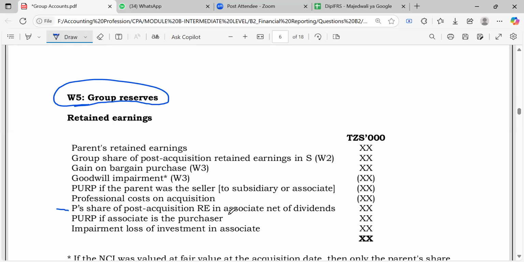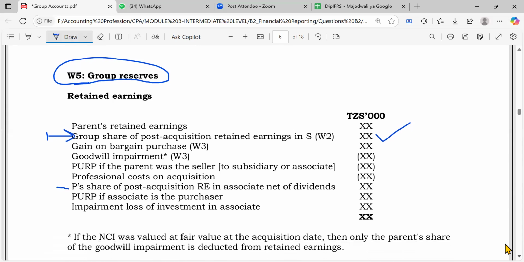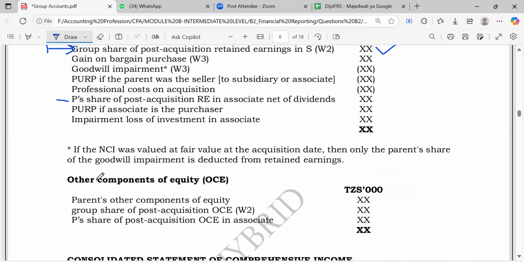Leave this one alone, it is in the associate. Look here: group share of post-acquisition retained earnings. This is also just like there, post-acquisition reserves. But not all reserves would be related to retained earnings. So for retained earnings, you put them there, and if you have remaining amounts which go to other components of equity, you'd also take them here. You can see here: P's share of post-acquisition other components of equity.